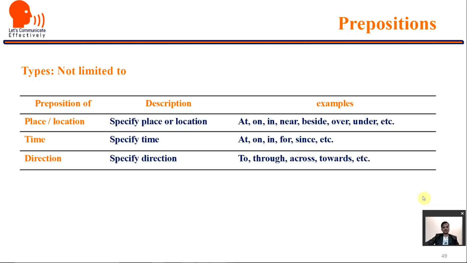The types of prepositions, not limited to these, are divided into 2 types: prepositions of place or location, and prepositions of time and direction. Prepositions of place and location specify the place or the location: at, on, in, near, beside, over, under, etc. Time prepositions specify time: again at, on, in, for, since, etc. Here at, on and in are the most commonly used prepositions.